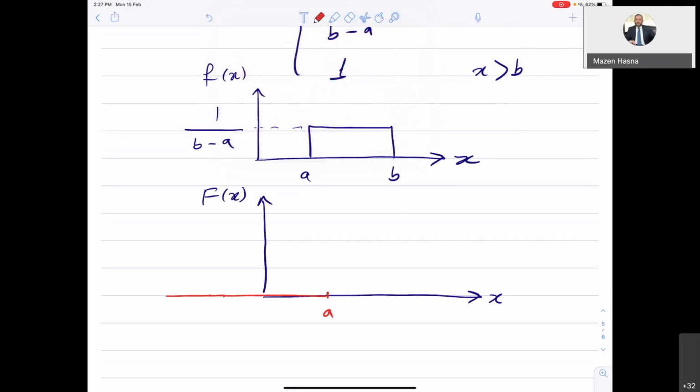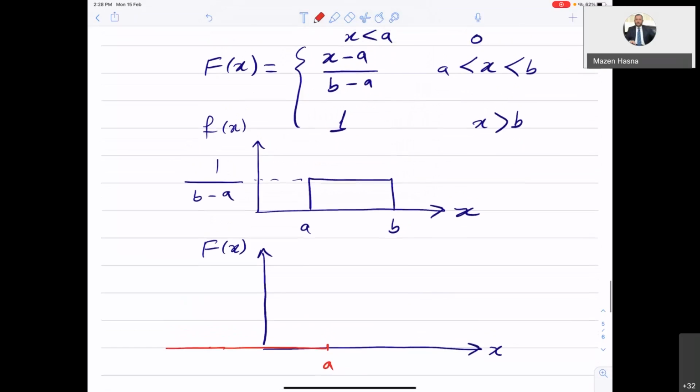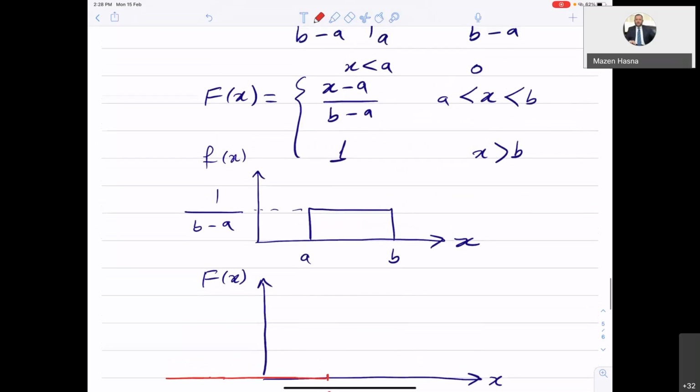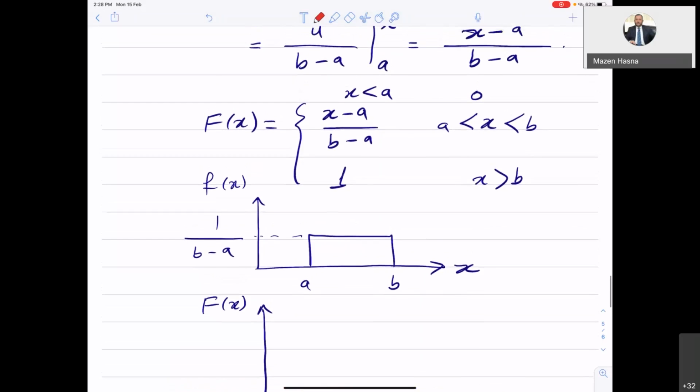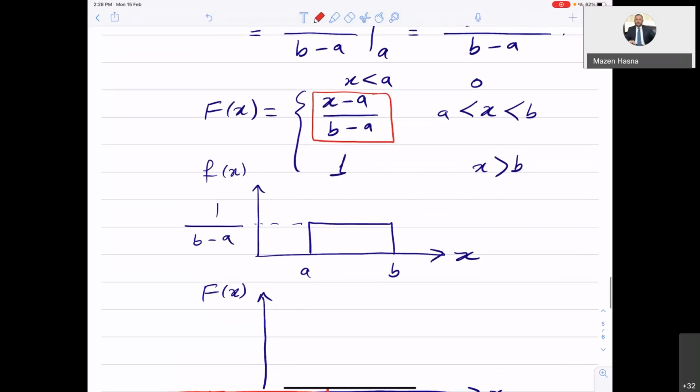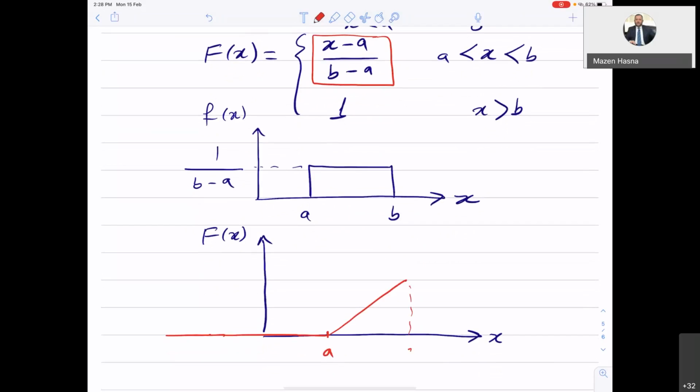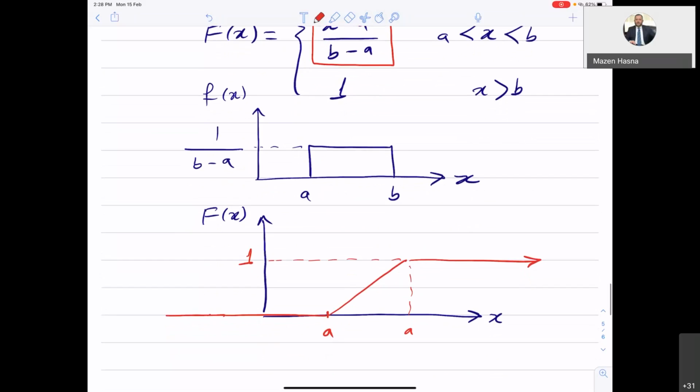Between a and b, you just have what? The equation of a line, because if you integrate a constant, you get a line. So between a and b, it moves all the way to 1, and then you continue at 1 till infinity. We all agree that capital F of x should start at 0 and end at 1.